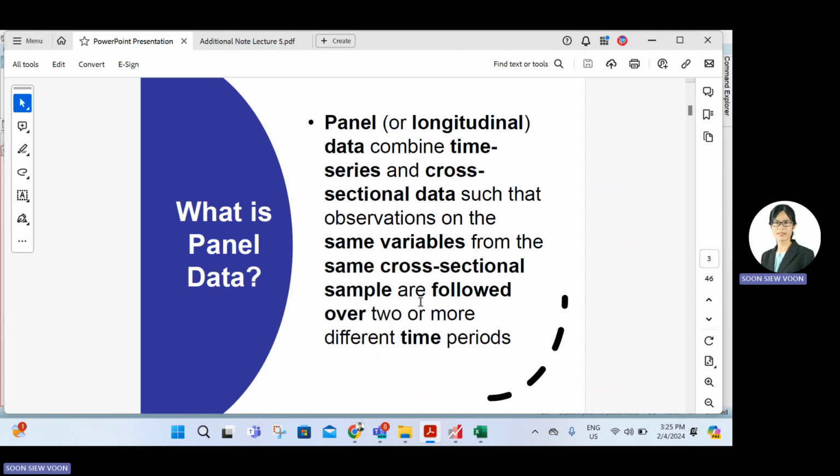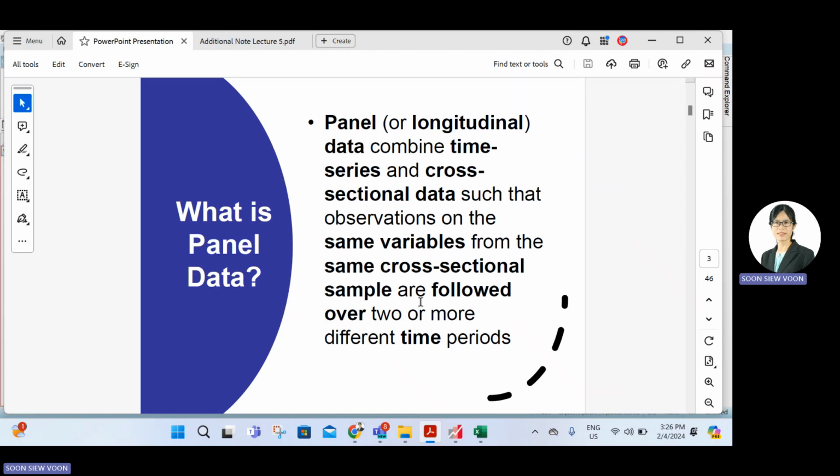So what is panel data? As we discussed in the first week of the lecture, as you remember, the panel combines the time series and the cross-sectional data. So not only time series like what we covered just now, but also cross-sectional data.